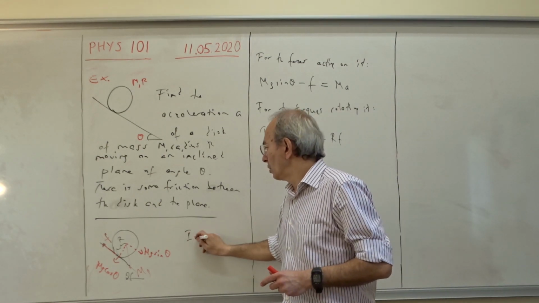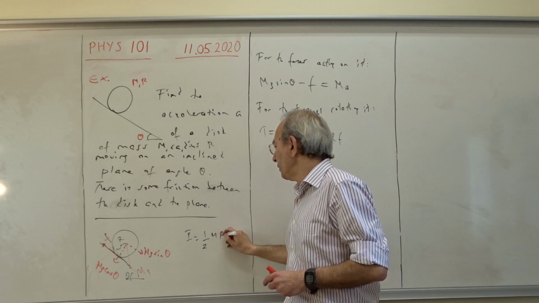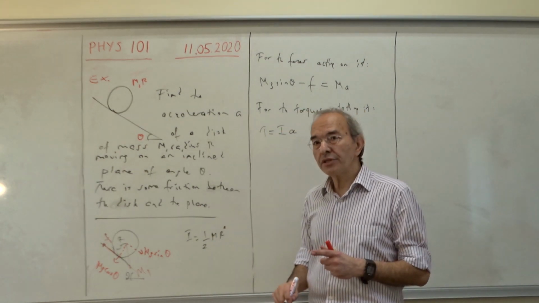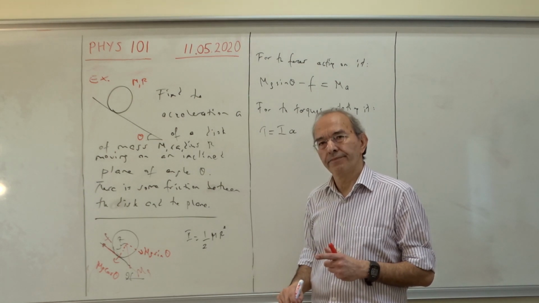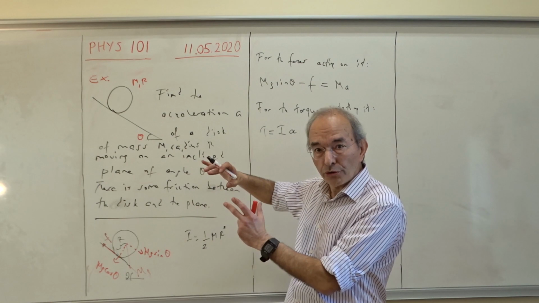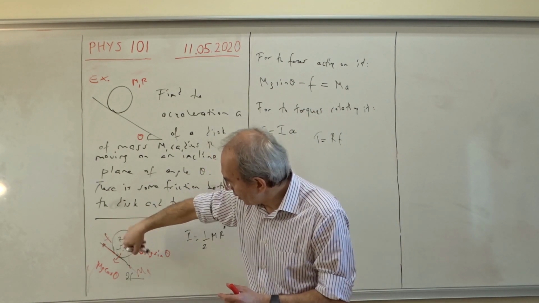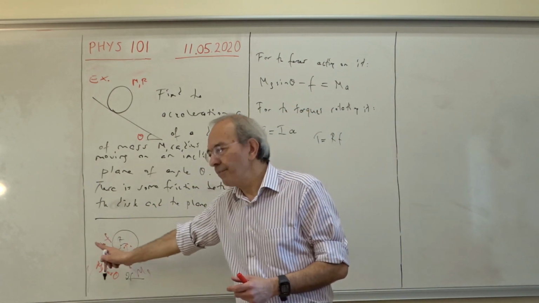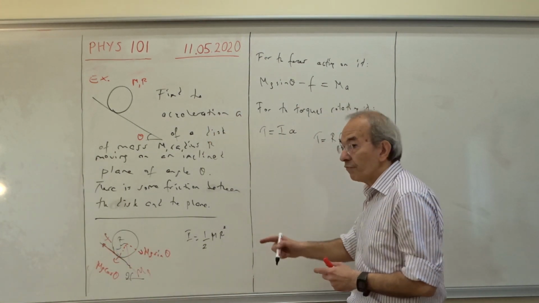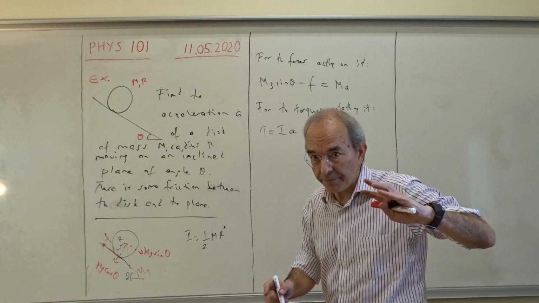Then, what is I? I is equal to 1/2 mr squared. Is it turning around the center of mass? Yes, it is. If you focus on the rotating disk, it is turning around the center of mass, and an external force, the friction force, is applied on it. So we don't need the parallel axis theorem in this case.